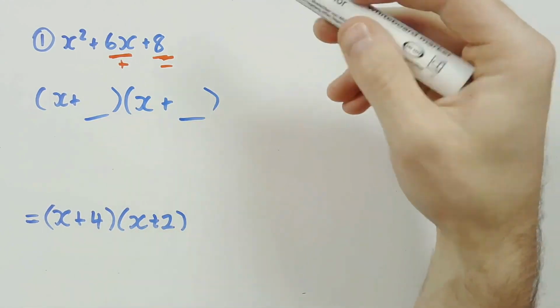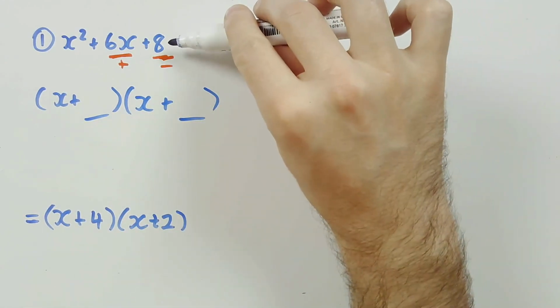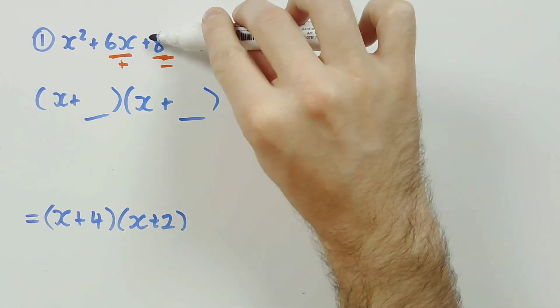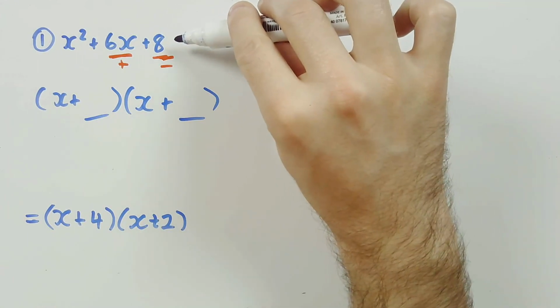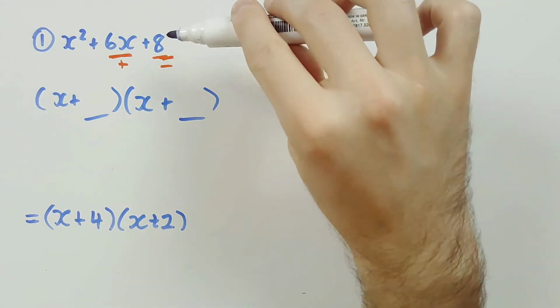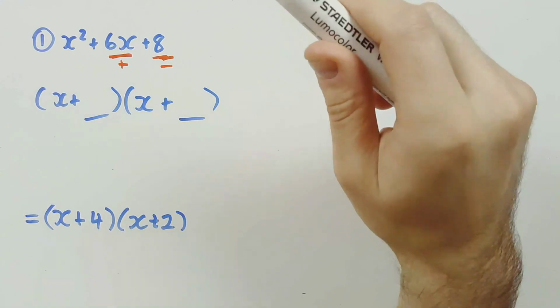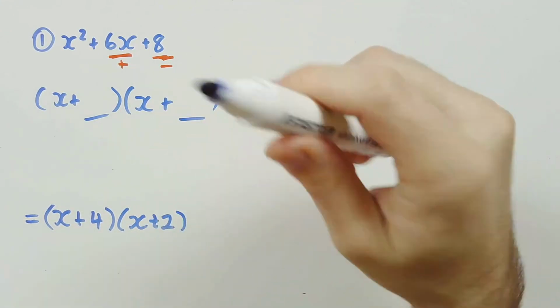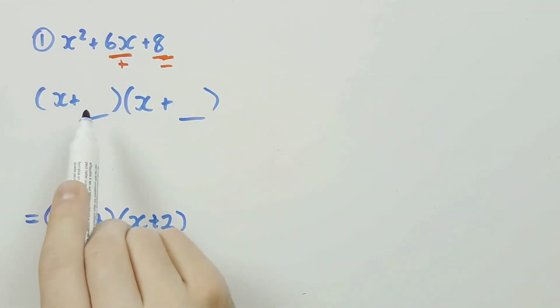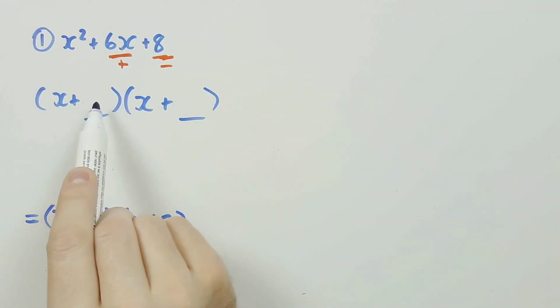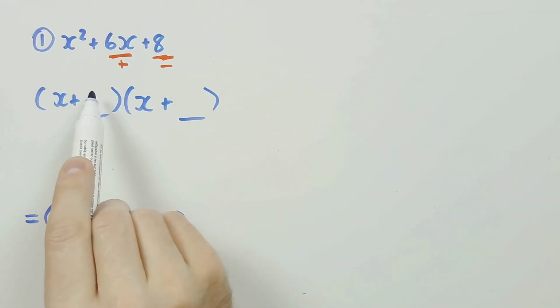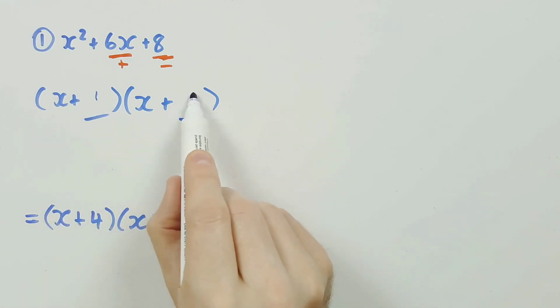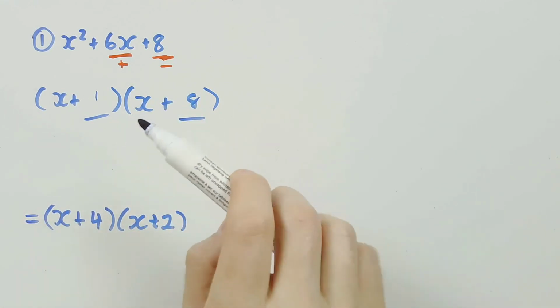So a good way to start is to have a look at all the common factors of the last term, c. So in this case it's 8. So what are the factors of 8? We have 1, 2, 4, and 8. And then just to test out each of those combinations. So let's say we had 1 in one of our brackets. That means we'd need to put an 8 in our second lot of brackets.